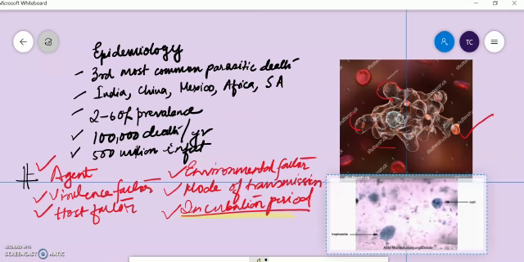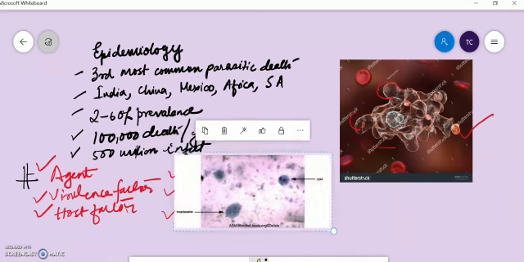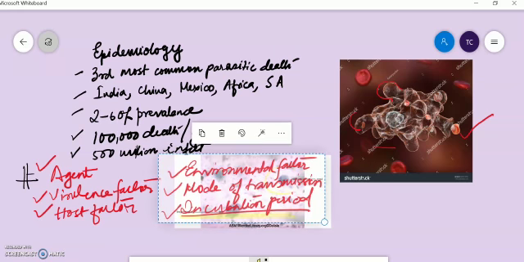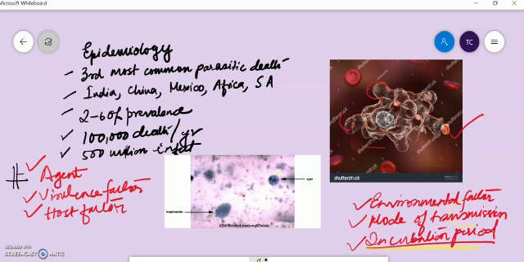I will now focus on this particular picture. This picture has two important things. One is your cyst, another is your trophozoite. I will talk about this cyst and trophozoite in the next class.